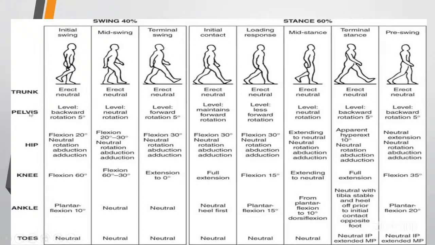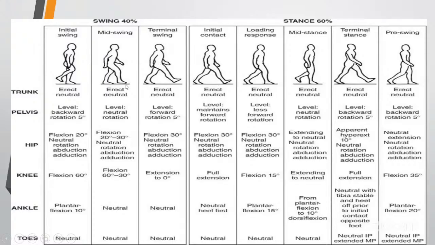So we can see here from trunk, pelvis, hip, knee, ankle, and toe. We could see the range of motion for each of the joints. We could see that at initial swing, we have 20 degrees of hip flexion. And we could see at mid-swing, 20 to 30 degrees of flexion.